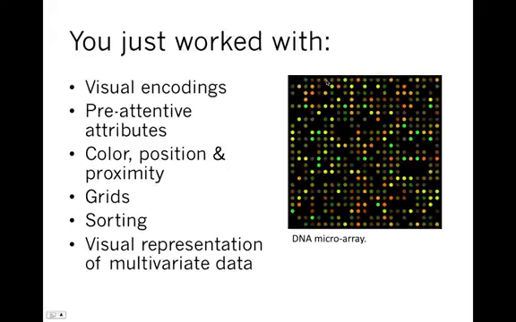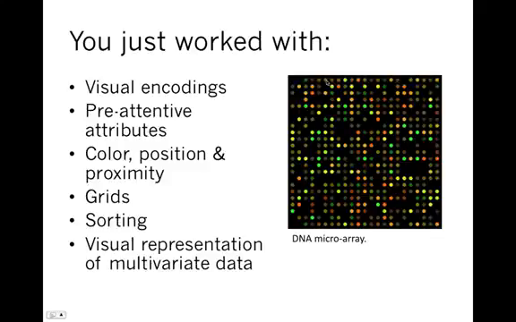Okay, so we've just worked with the visual encodings, which means how do you map information or variables in your dataset to a particular visual property or attribute. We've talked about pre-attentive attributes, things like length or position, where we can quickly perceive them.